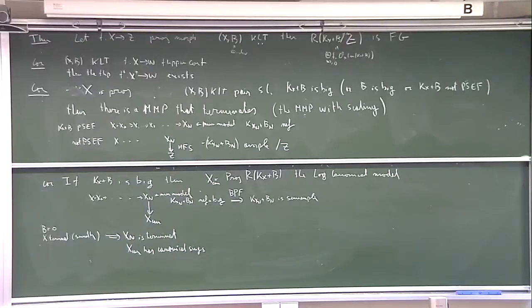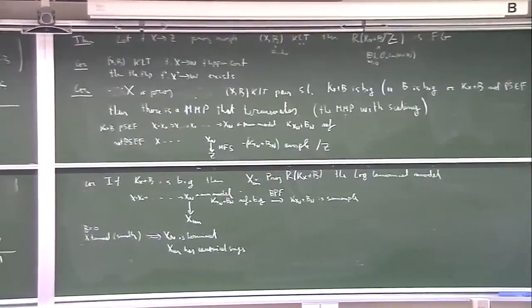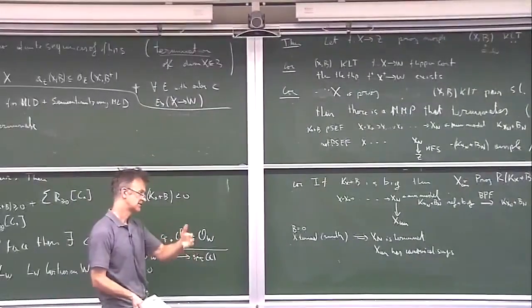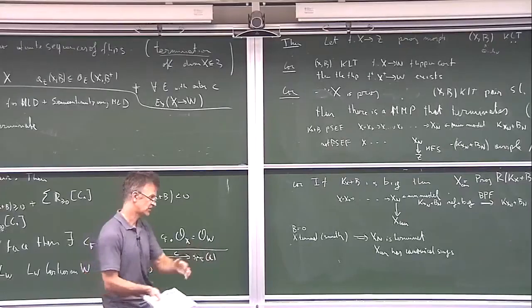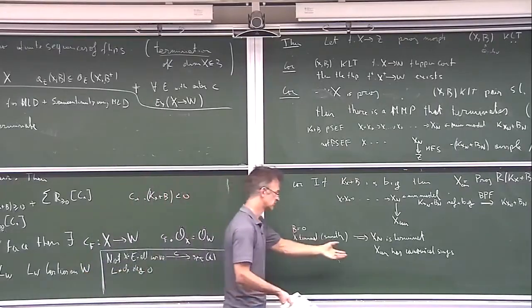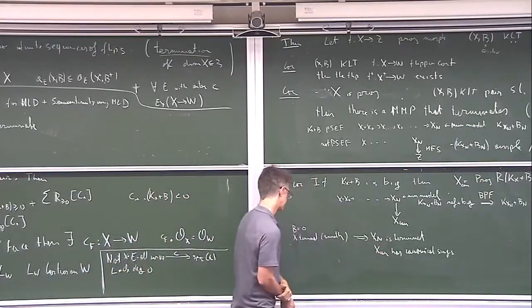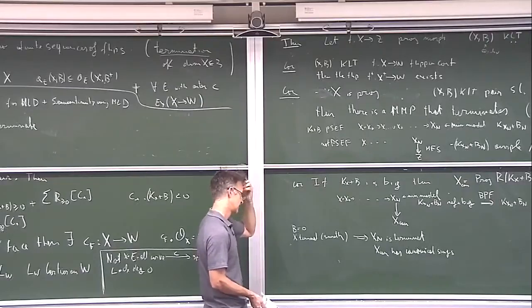When you're going from the minimal model to the canonical model, you may contract some exceptional divisor which intersects the canonical class trivially. So when you do this game of comparing one canonical class with the other, the difference is 0, and so you're extracting something of discrepancy 0, so it cannot be terminal, it's just canonical.